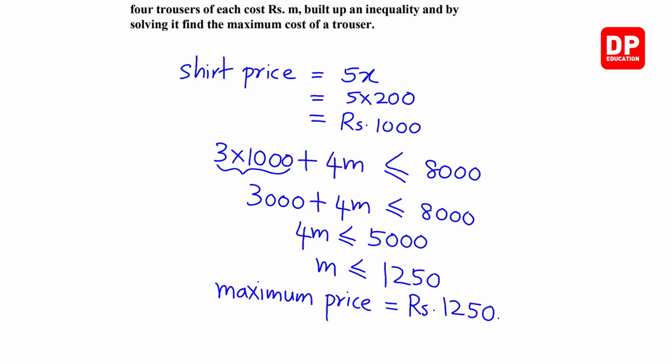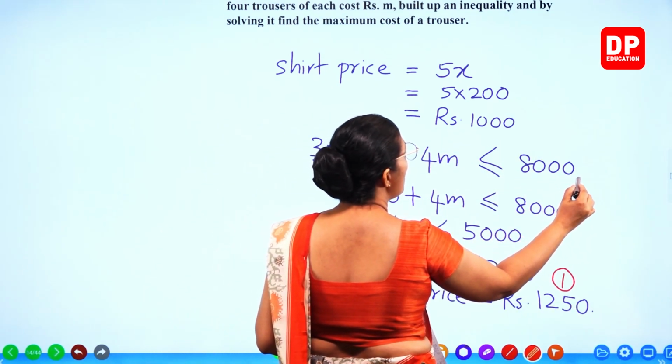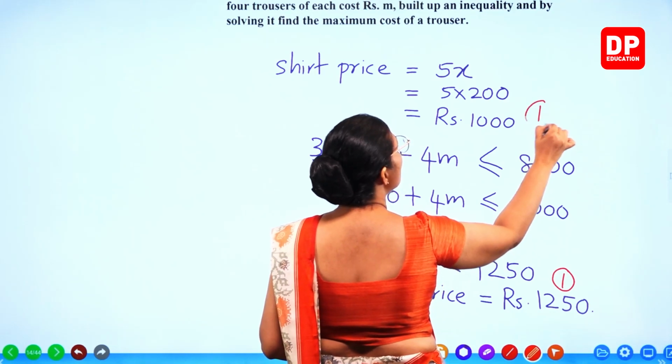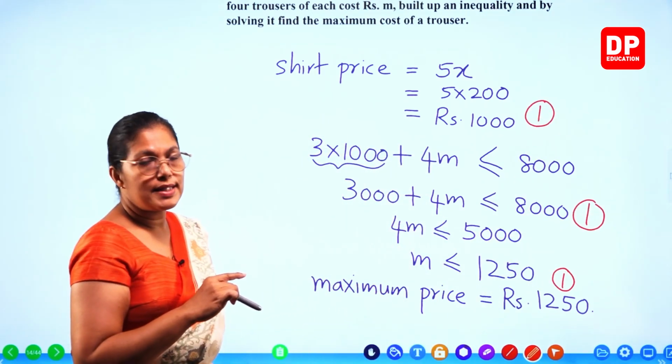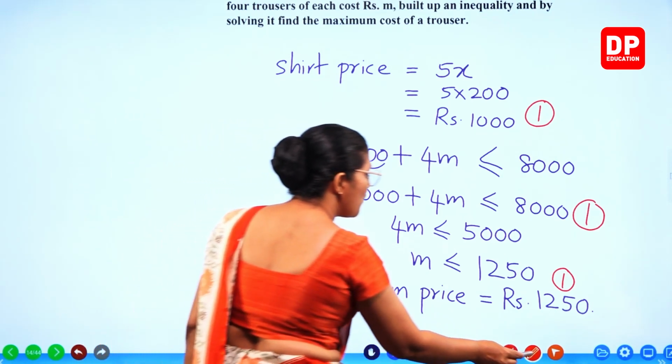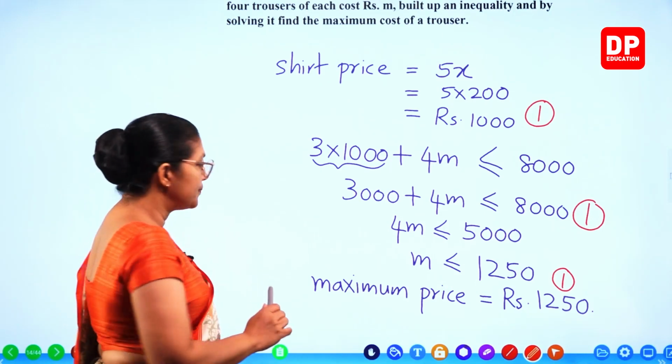So you will get 3 marks for that question. 1 mark for finding the final answer, and then 2 marks: 1 mark for finding the shirt price, 1 mark for the inequality. So altogether we have given 10 marks for the whole question.